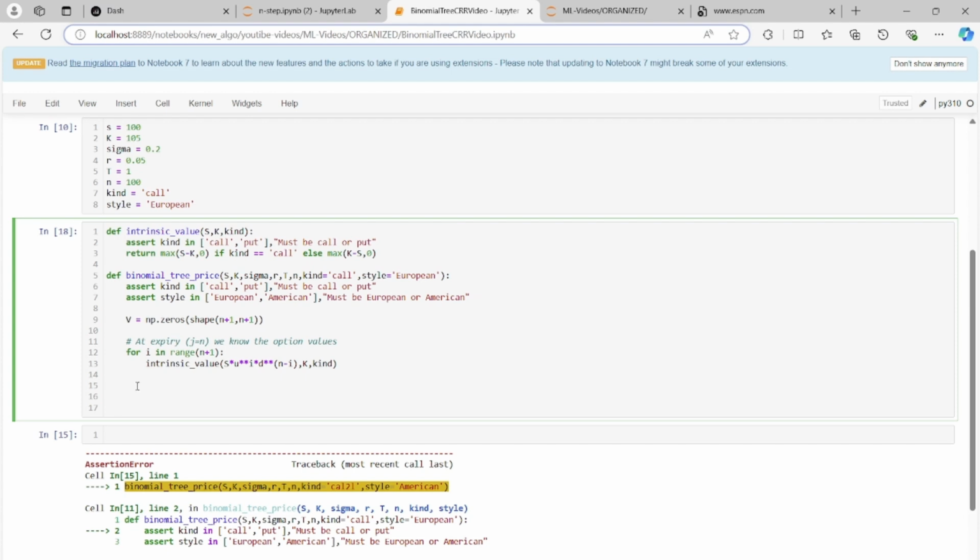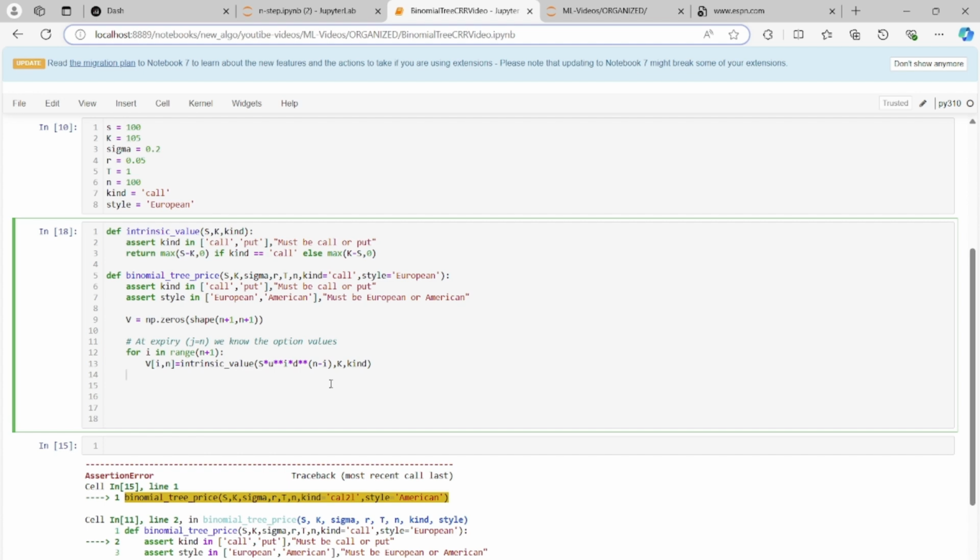Okay, so we have V of i, n, because this is going to be the time step, the second thing, because I'm using the convention that vertical is the first thing and horizontal is the second thing. Although early in school we learned x is the horizontal and y is the vertical, later in matrices that's the convention, so let's keep it like that.